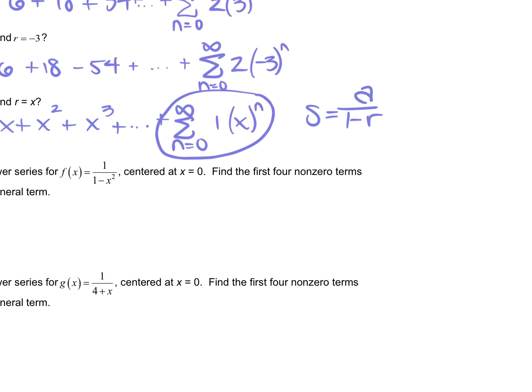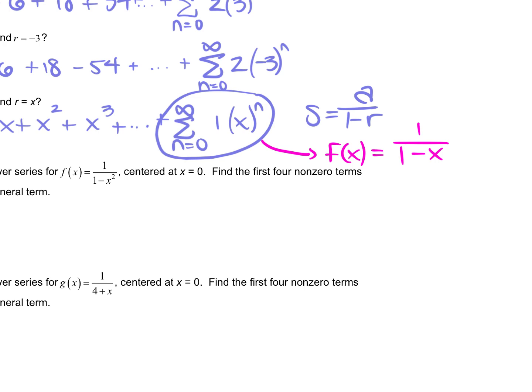So another way of recognizing something that would work as a geometric series is seeing the summation written as a function. So you could see a function written as 1 over 1 minus x. How does that work for that summation?